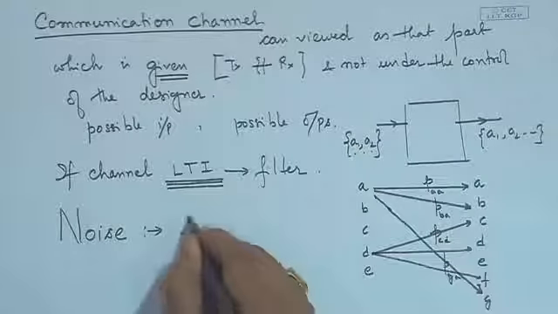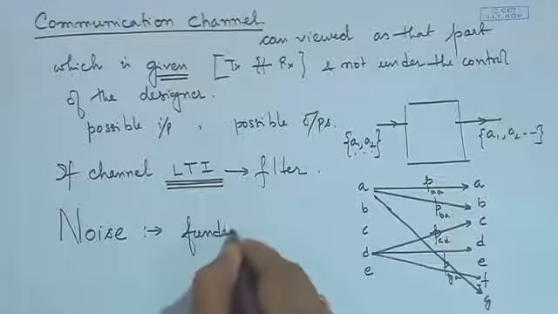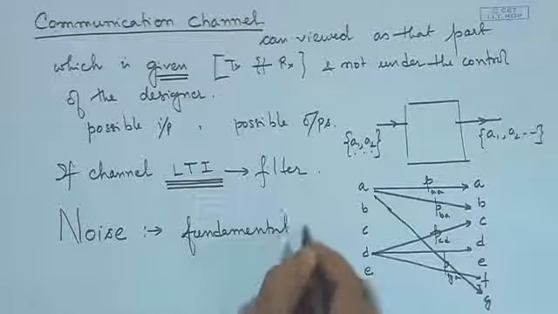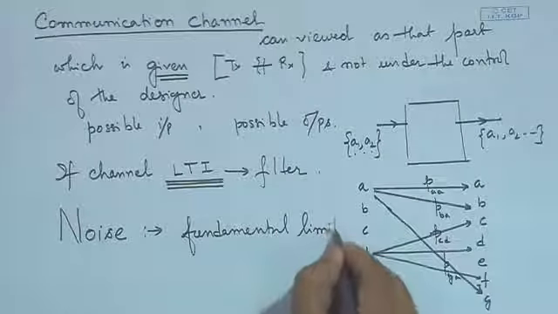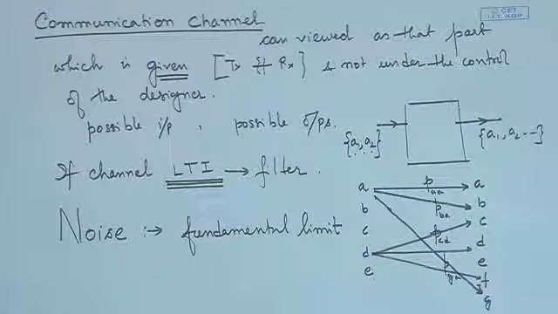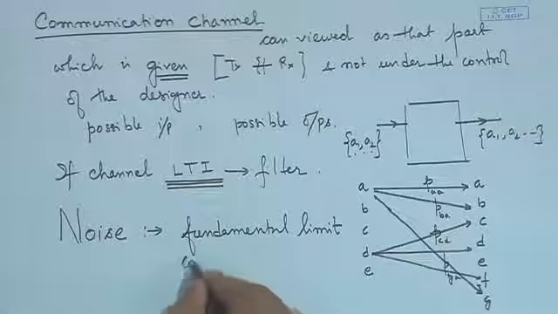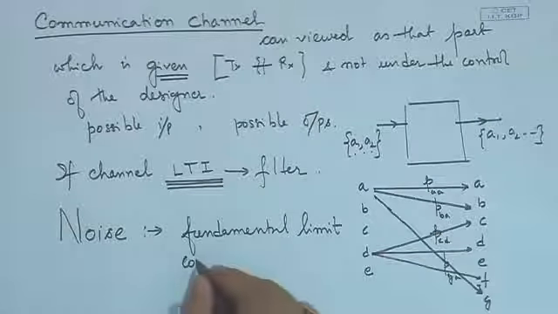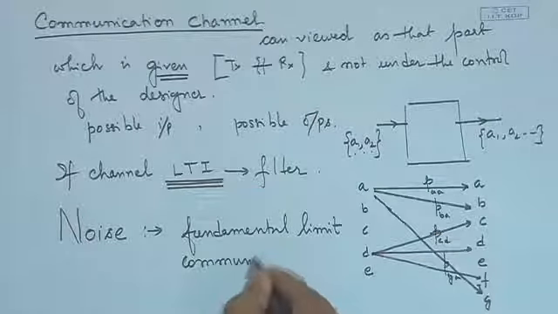Further, another important thing which happened was that noise was identified as one which gives the fundamental limit to the communication, to the maximum fundamental limit of a communication system.